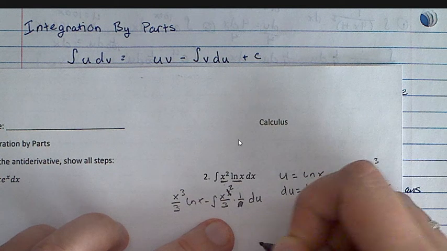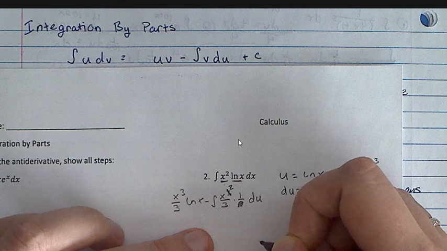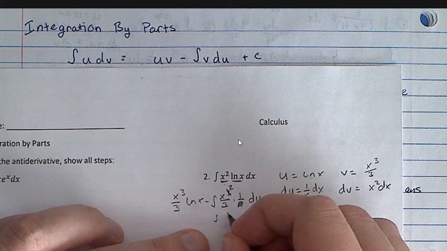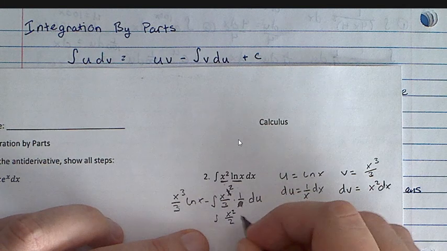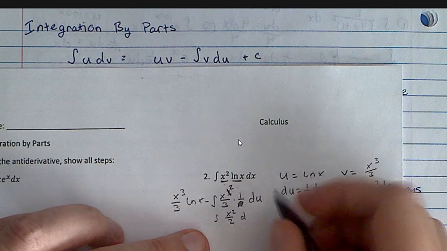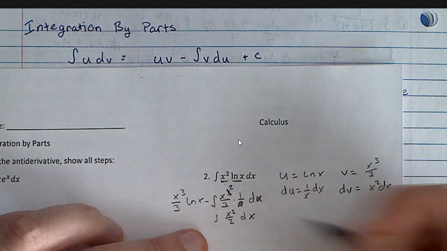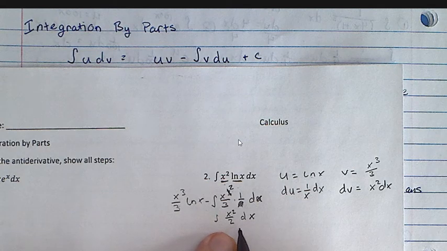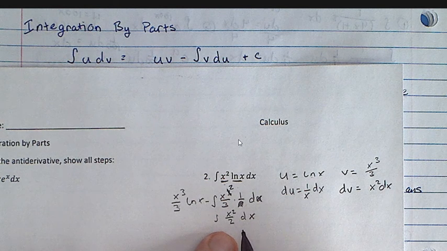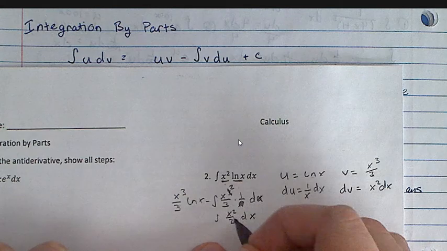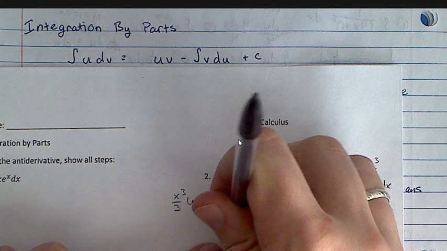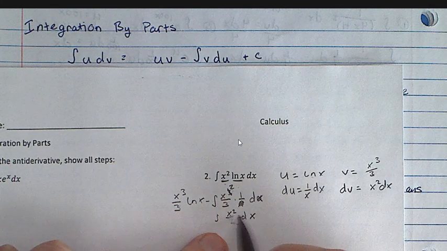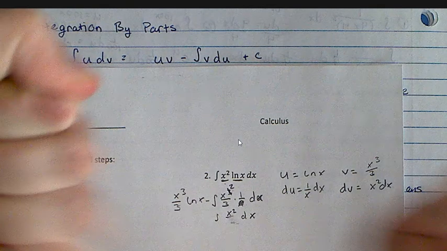So I'm left with the integral of x squared over 3 dx. Sorry, this should be dx, not du. Now I can just plain integrate this, can't I? And then I put it all together.